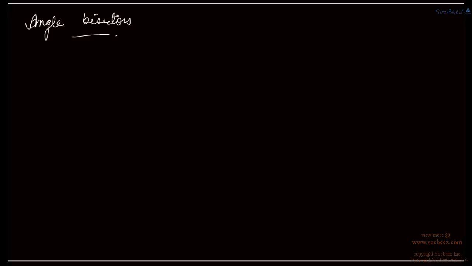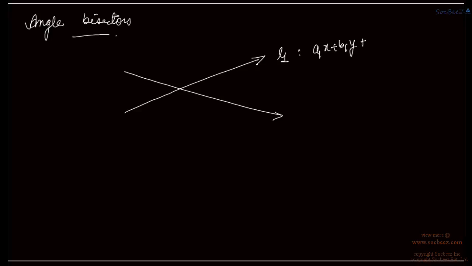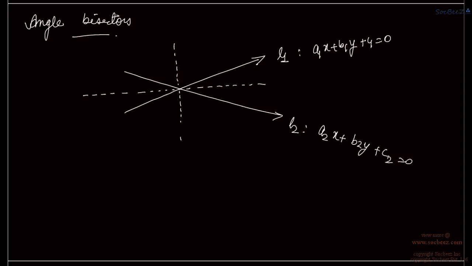If we have two straight lines, L1 whose equation is a1x plus b1y plus c1 is equal to 0, and L2 whose equation is a2x plus b2y plus c2 is equal to 0, then there are two angle bisectors, one bisecting this angle and another bisecting this angle.